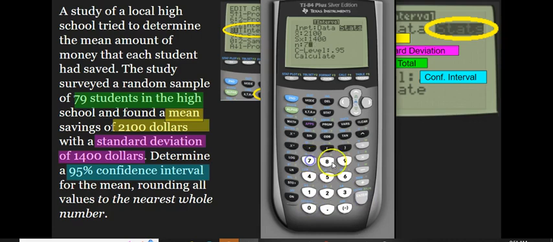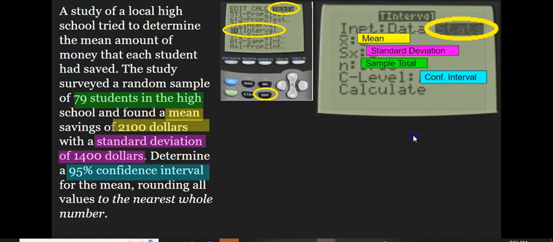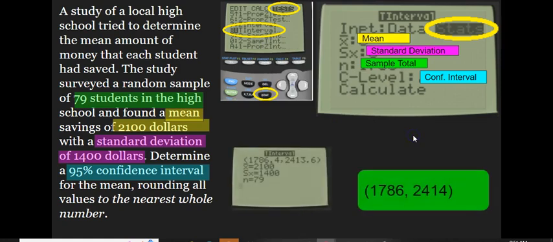My sample size is 79, and my confidence level is still 95%. So that gives me $1,786 to, to the nearest dollar, $2,414. And that is my confidence interval.